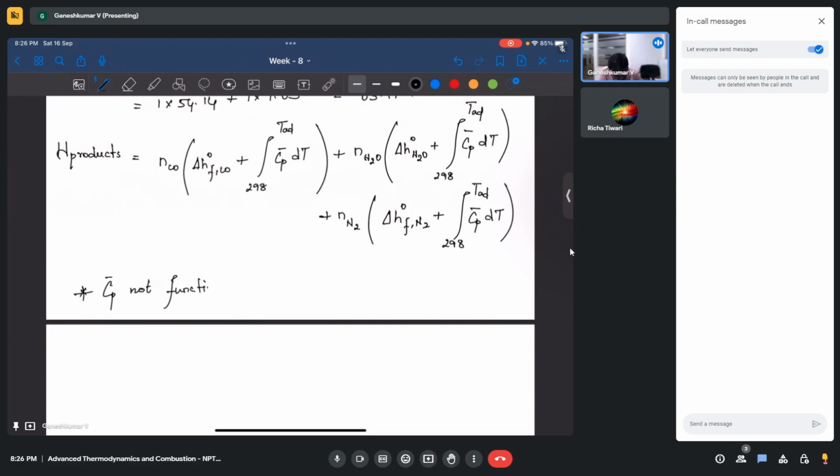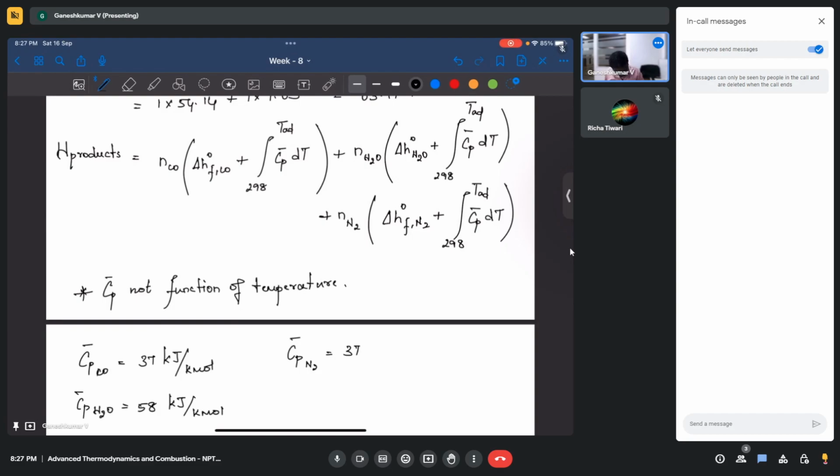I have certain values from the table. Cp bar of CO is going to be 37 kilojoules per kilomole. Cp bar of H2O is going to be 58 kilojoules per kilomole. Cp bar of N2 is going to be around 37 kilojoules.